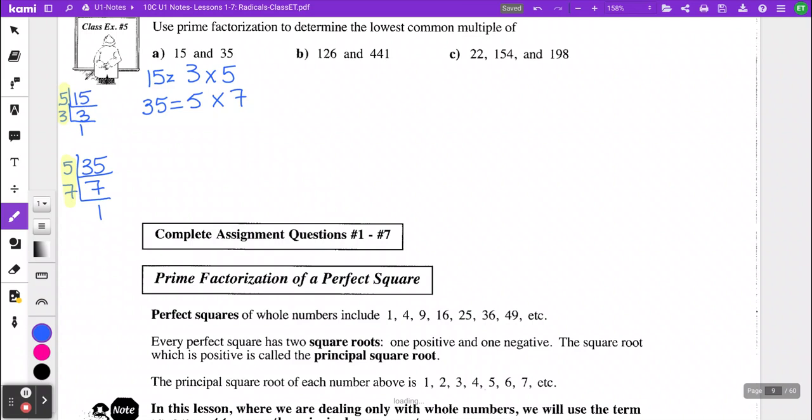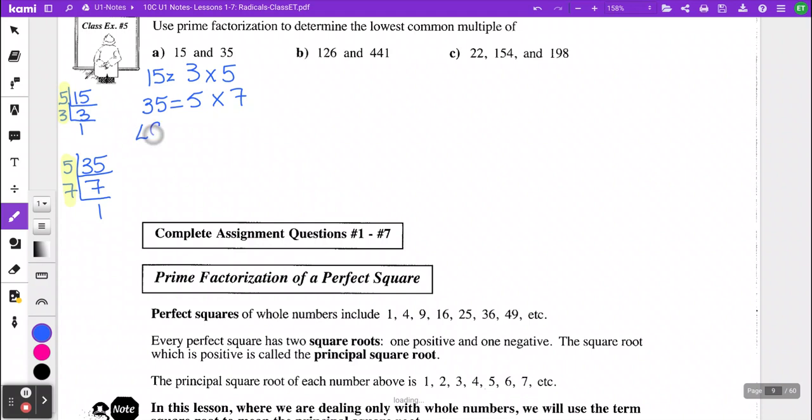Now, what do we have to think about for this question? You're trying to take the least amount of each number that you've got. So each separate number. Well, I've only got 1 3, so I've got to use a 3. I've got 2 5s, which means I use one of them. And I have 1 7, so I have to use the 7.